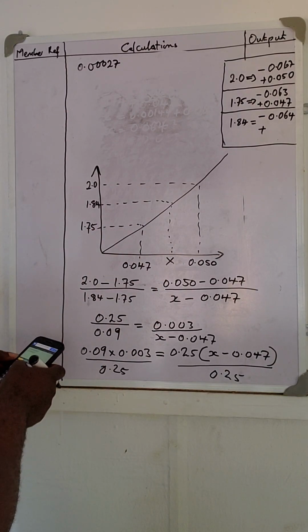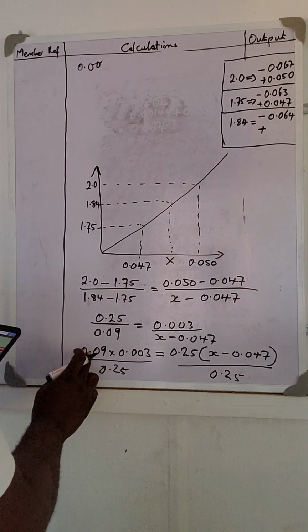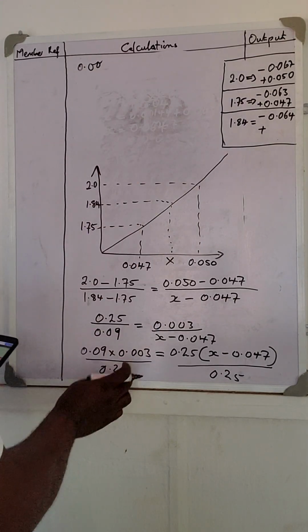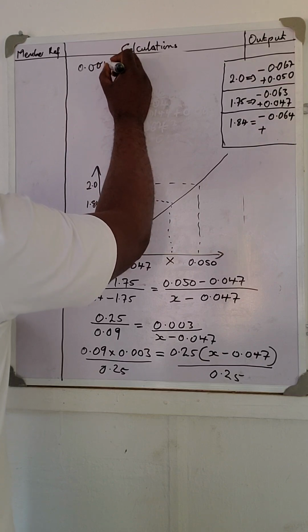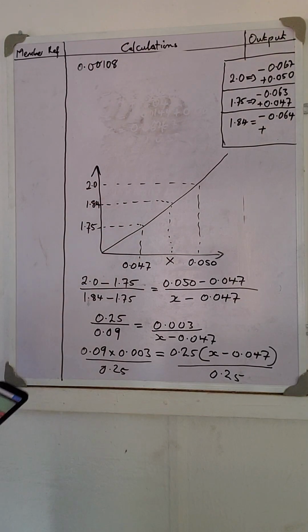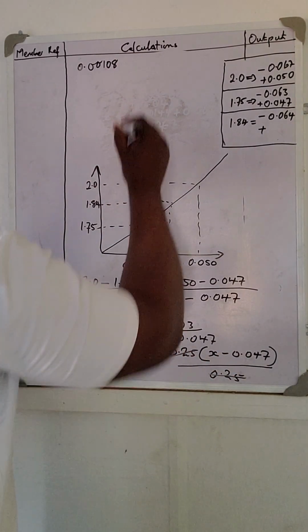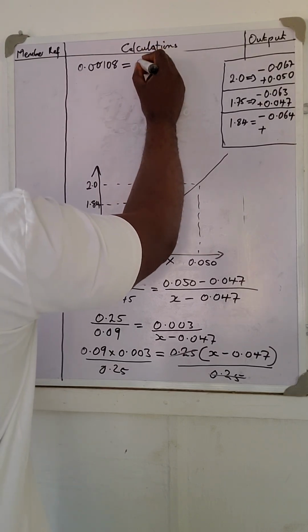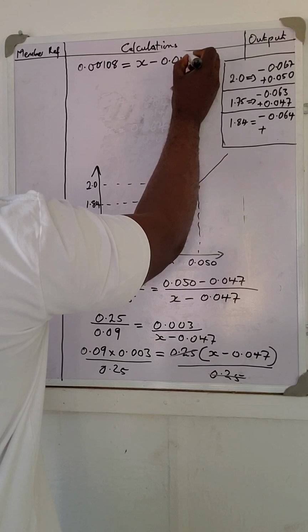Divide by 0.25, that gives 0.00108. At the end of the day, we will be left with x minus 0.047.